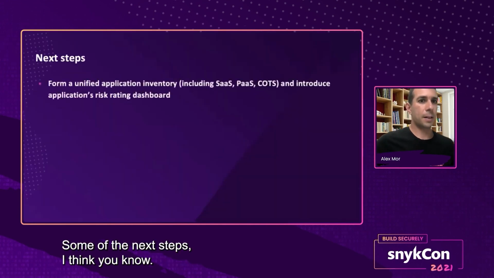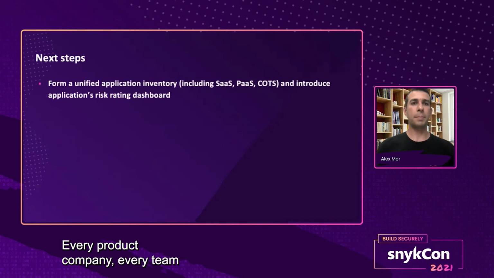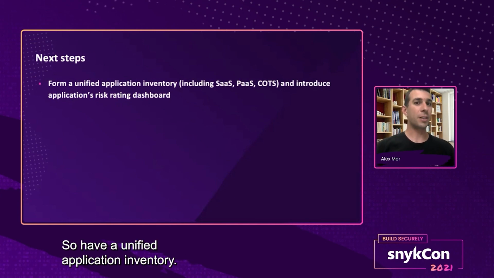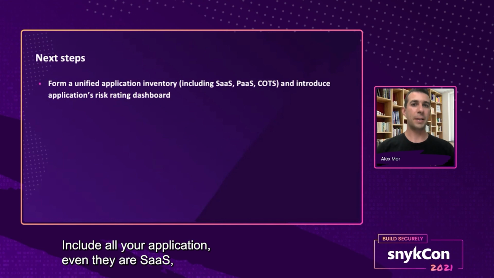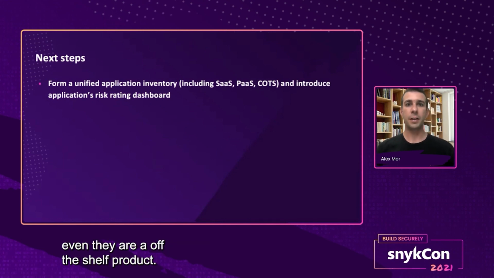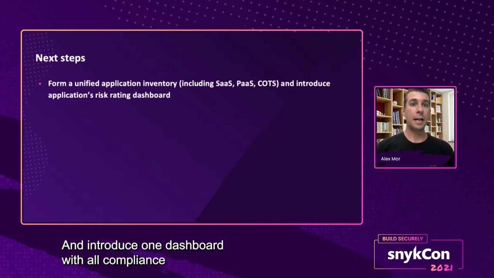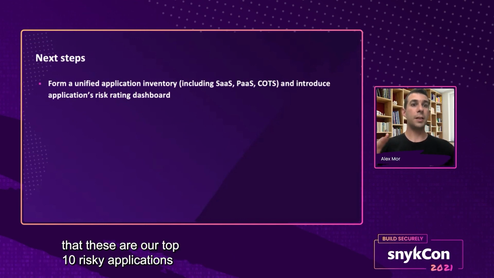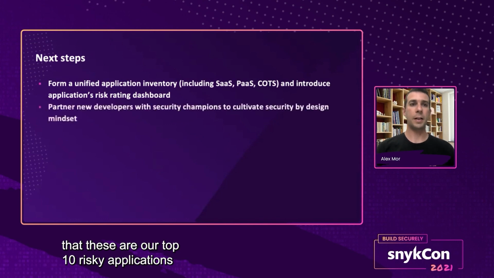Some of the next steps, I think every product company, every team should start doing, if not already doing it. For sure, we've talked about it on the first slide. Have a unified application inventory, include all your applications, even if they are SaaS, even if they are an off-the-shelf product, and introduce one dashboard, with the compliance team, the legal teams, everyone, under the agreement that these are our top 10 risky applications in the organization.